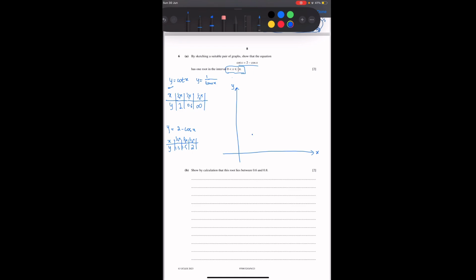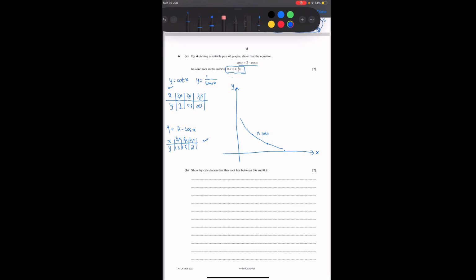Then 1 upon 3 pi with 0.6, so it is somewhere over here maybe. And then at half pi, there's basically an asymptote. So the graph is somewhat going to be like this. This is the graph for y equals cot x.